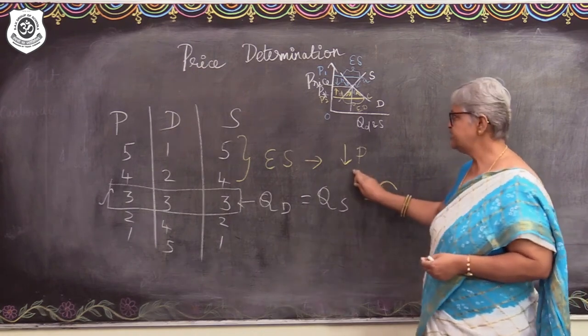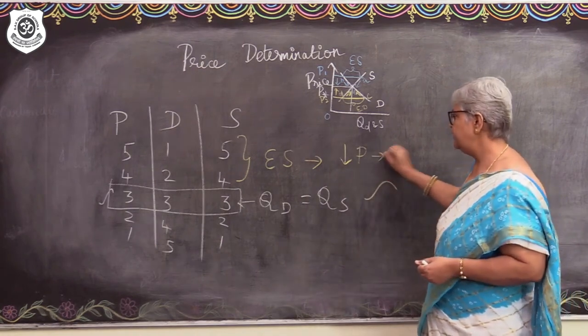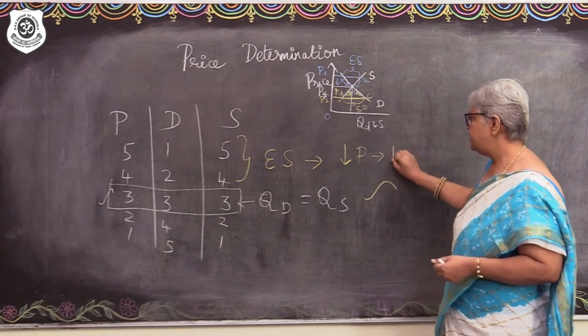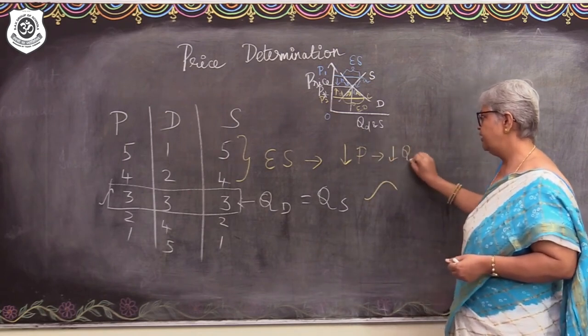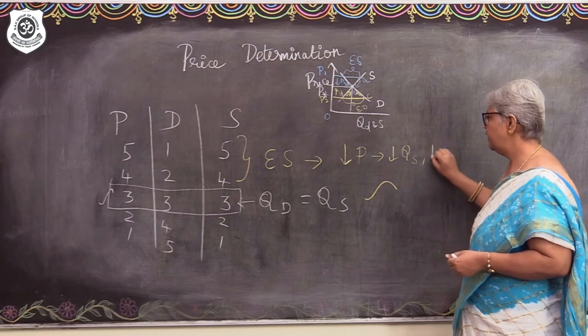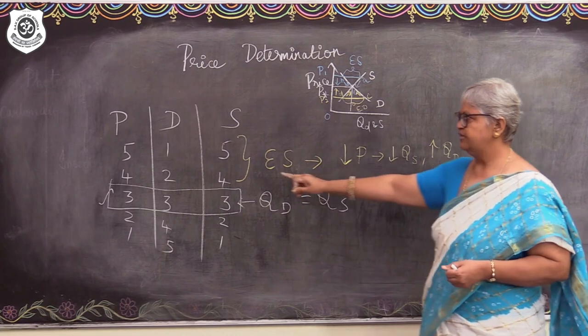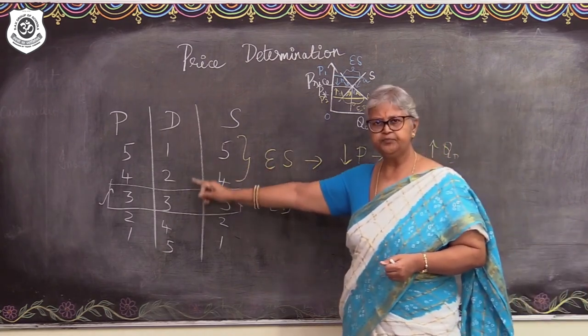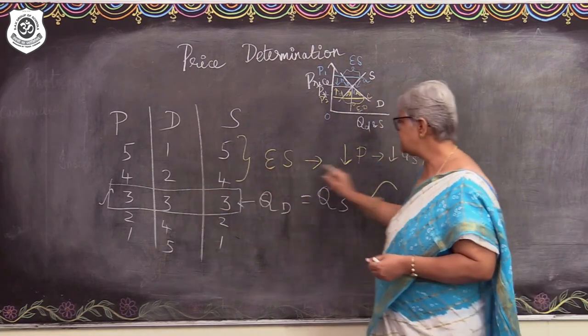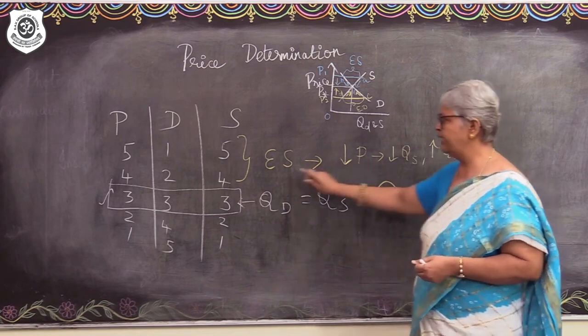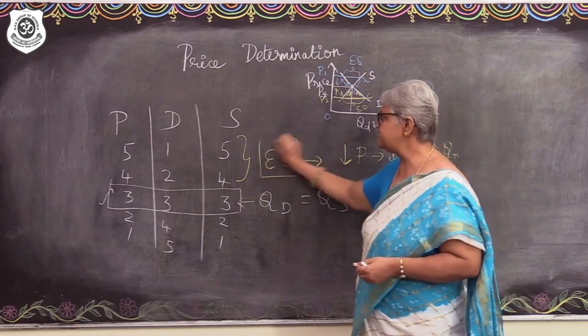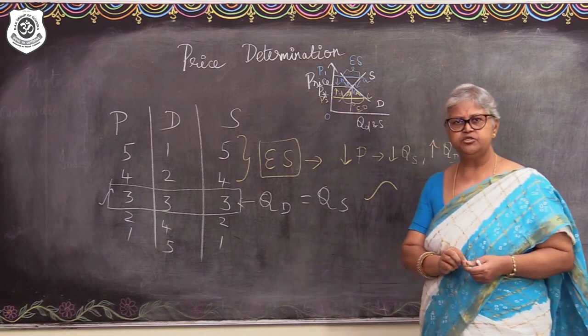And when the price goes down, automatically there will be a reduction in the quantity supplied and an increase in the quantity demanded. So that's exactly what you see. This chain reaction will happen whenever there is going to be an excess supply in the market.